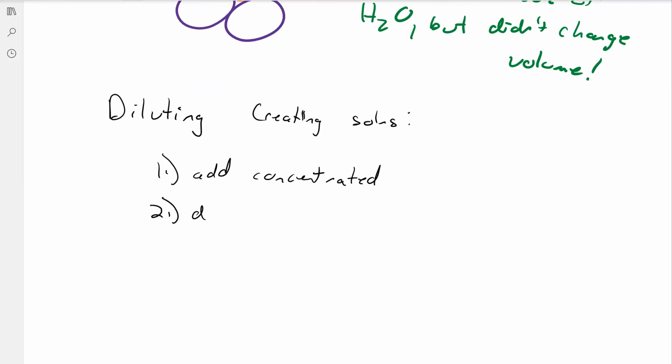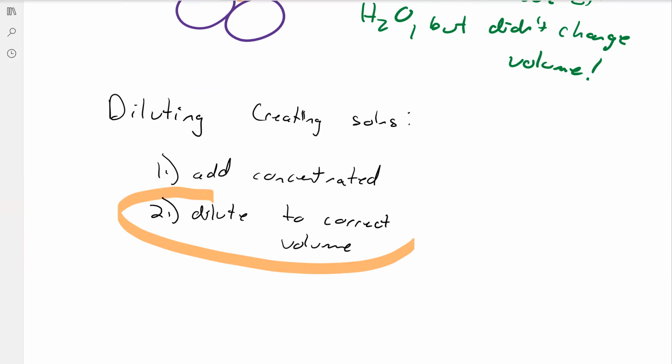And then after that, you dilute to the correct volume. In our case, that was up to 3 liters. Now, you added half a liter, you'd expect another 2.5 liters that you have to add. But again, you don't measure out 2.5 liters and then mix the solution. No, you add your most concentrated component and then you add however much it takes to reach the correct volume.